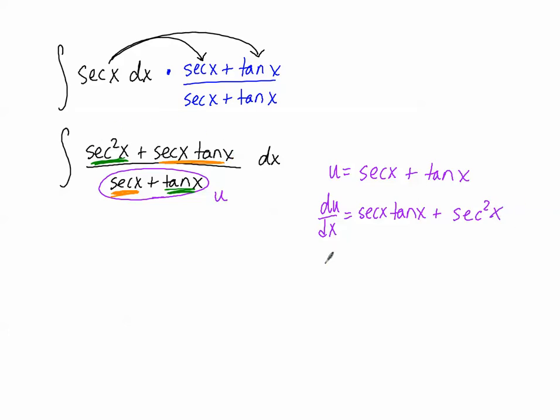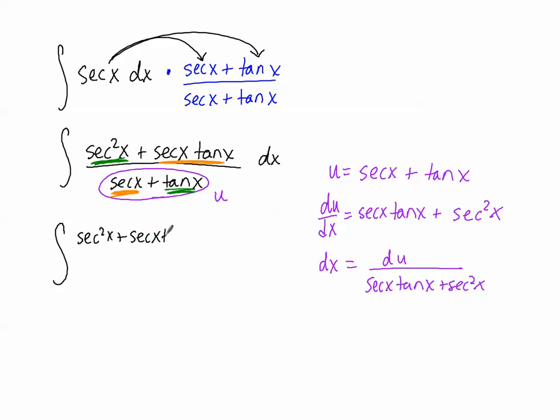So I can do my substitution and say that dx is du over secant x tangent x plus secant squared x. Let's rewrite. Integral, all that guy up there, secant squared x plus secant x tangent x over, we said this is u. Instead of dx, we'll put what dx equals, du over secant x tangent x plus secant squared x.